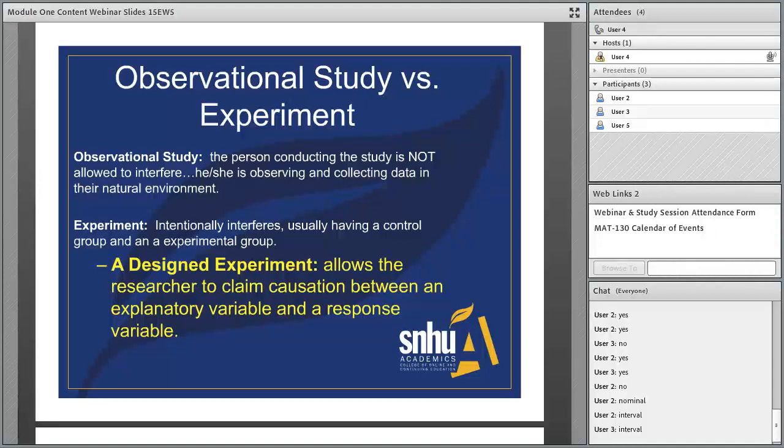You can say people who did A were much more likely to do B, right? There's a correlation, but you can't actually say that A caused them to do B if you have an observational study. Only a designed experiment allows you to say this caused that, with any degree of certainty, obviously.